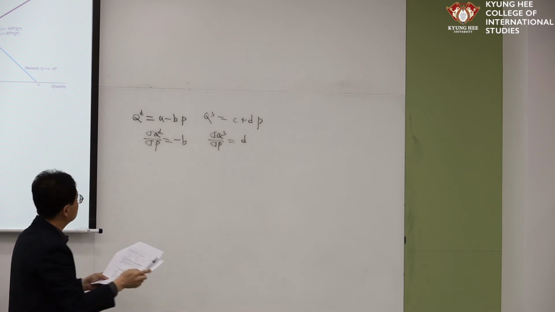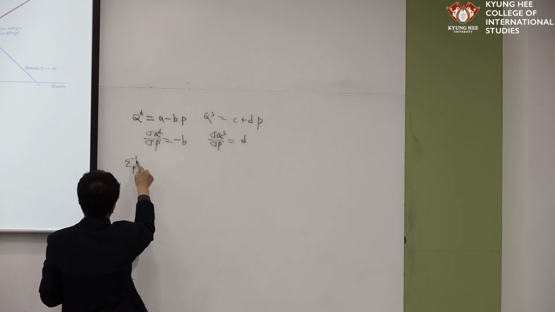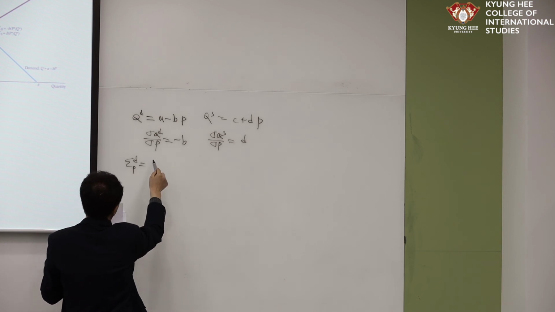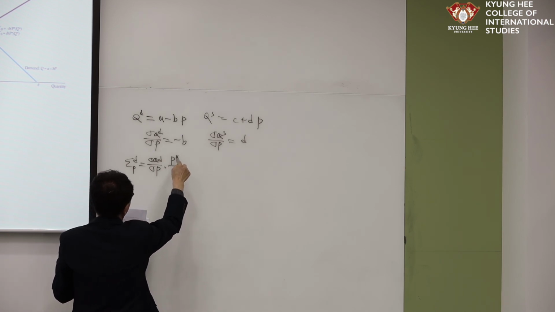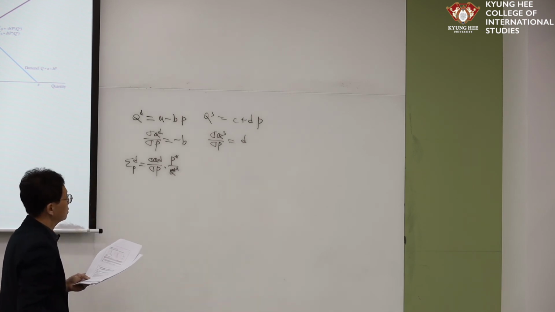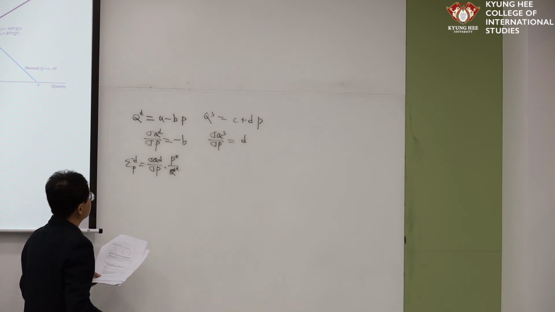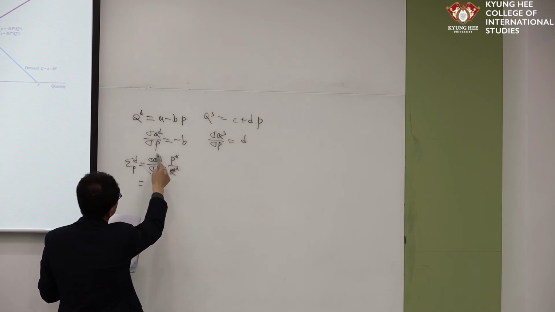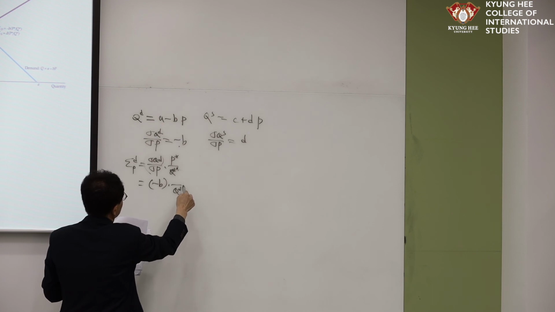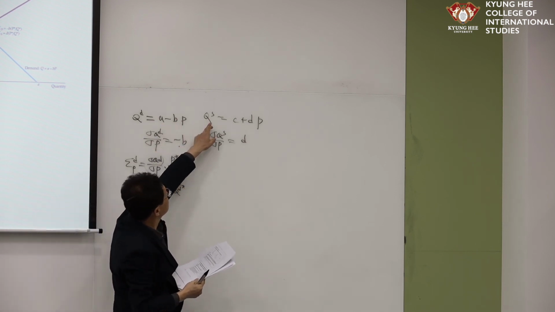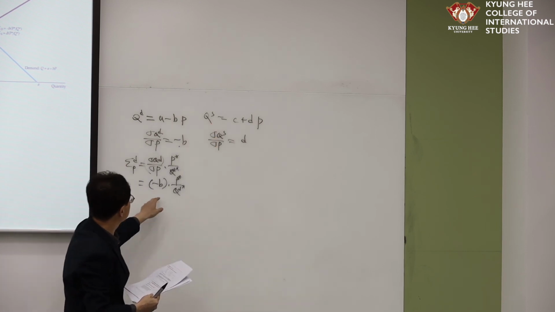Now think about price elasticity of demand. It is equal to the change in QD over the change in P, at the equilibrium point, times P star over Q star, like this, right? That is the definition of price elasticity of demand. And we know that this one is equal to minus B, right? And we can calculate Q star and P star, where this one is equal to this one, right?